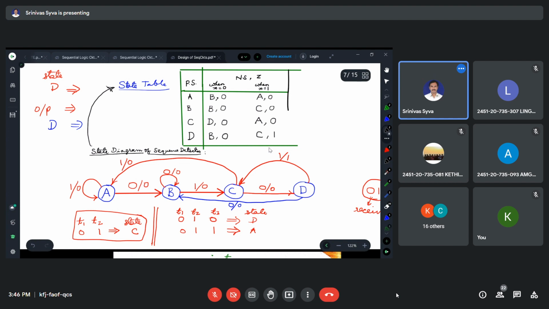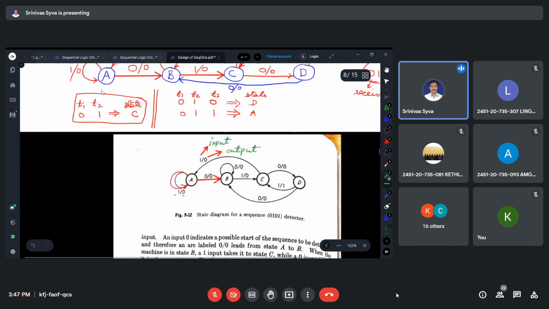From the state diagram, we have developed the state table.